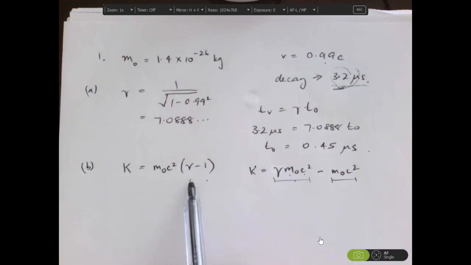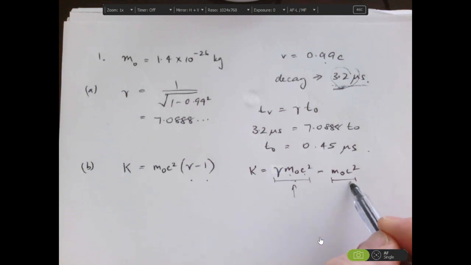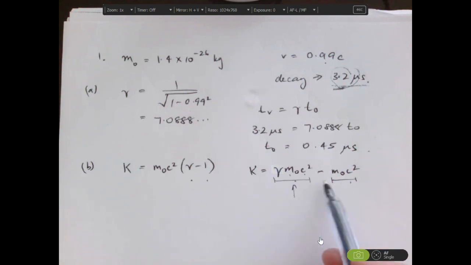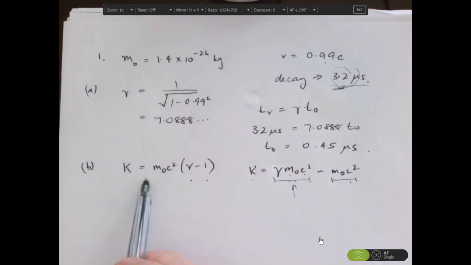Obviously, this one over here is just the factored version of that. So this is the total energy of the particle traveling at relativistic speed minus the actual energy at rest. The difference between these would have to be the kinetic energy. Right, so we're just going to use this formula over here.